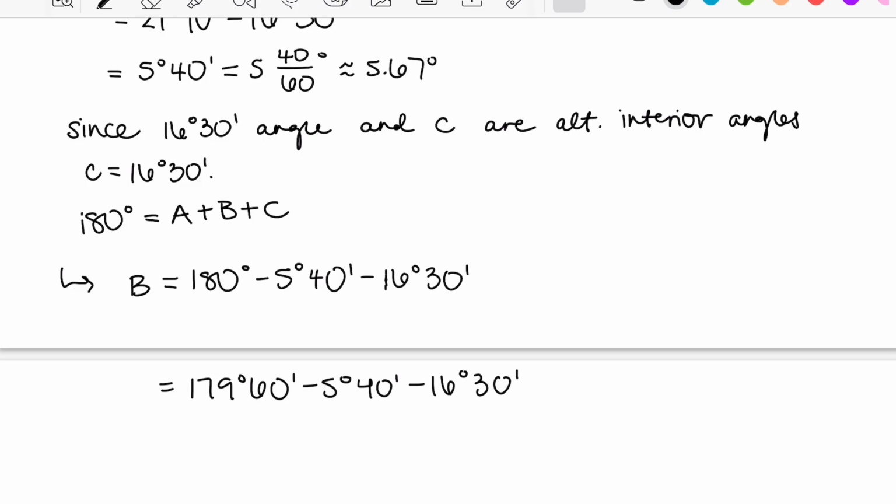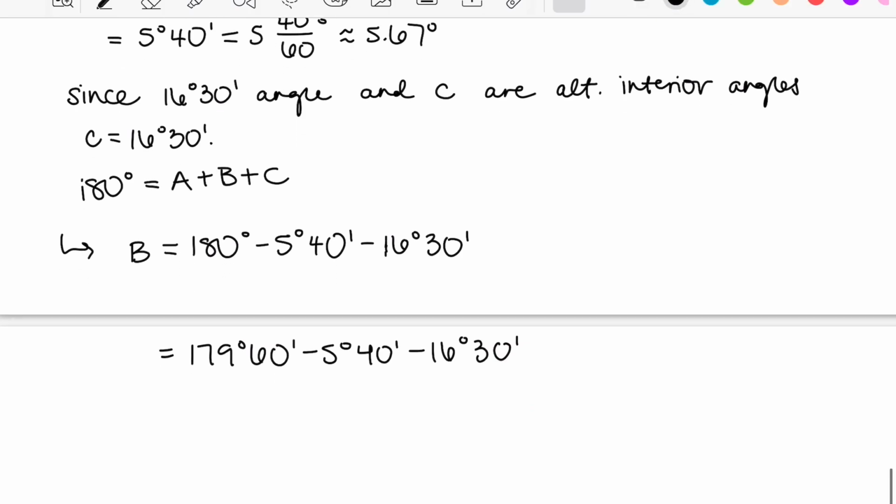Now notice if we were to subtract our degrees here and then these minutes here, we would again get a negative amount of minutes. So what we'll do here is rewrite this by taking away 1 degree from this and then adding 60 minutes.